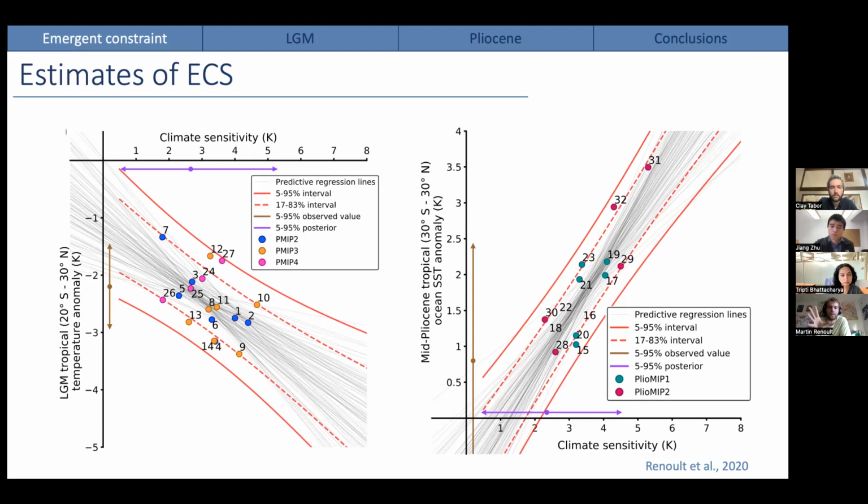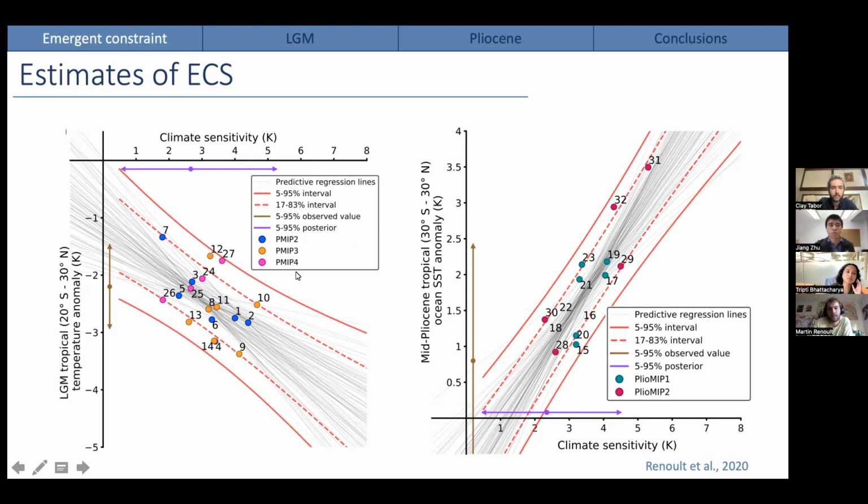What is important to look at here is that for the case of the LGM, the final estimate of climate sensitivity, which is this purple arrow you can see on the x-axis, is actually larger than the estimate you get from Pliocene temperature, despite the fact that the observations back then in 2020 for the Pliocene were much more uncertain.